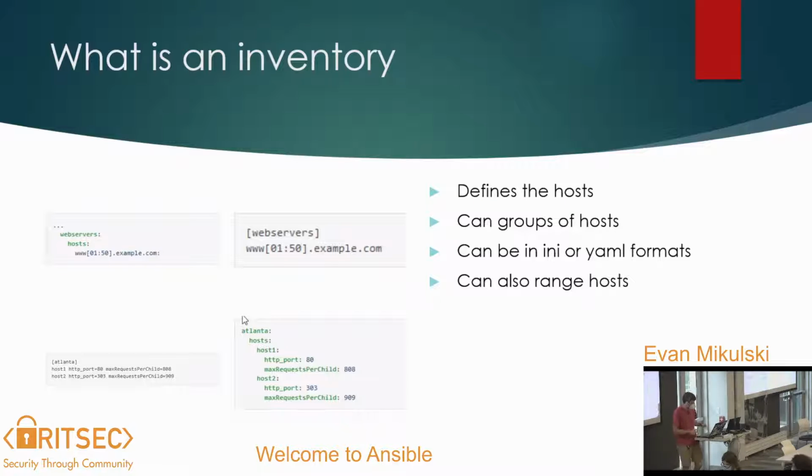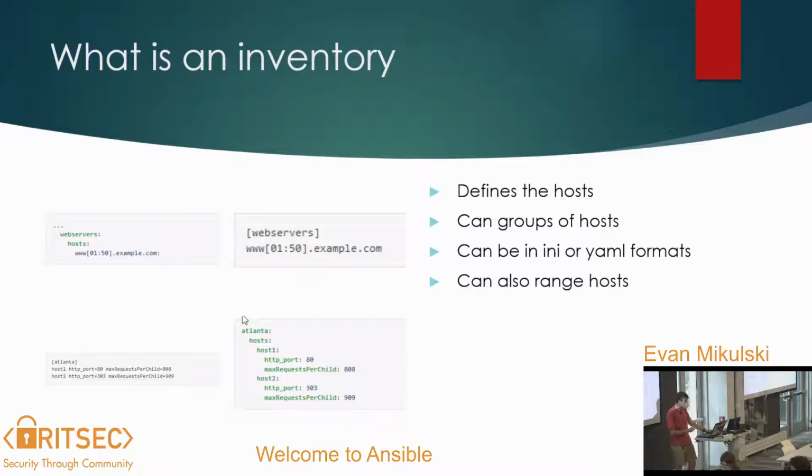So you just throw all your hosts into an inventory, but you can do it in some crafty little ways. Let's say you're on a corporate domain with 50 web servers and they all have the host names www01 to www50.example.com. You can just use bracket notation and it will do the full range. That's one line to define that whole range of hosts.